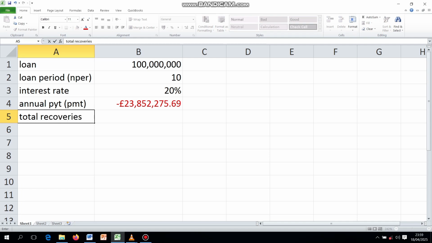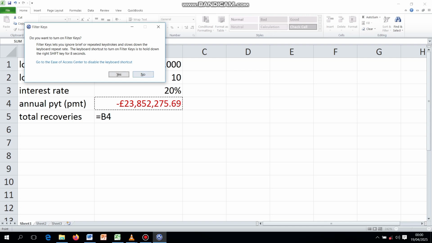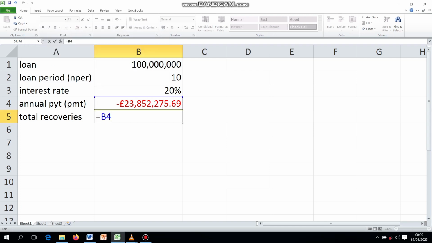To get the total recoveries, I'll use the formula, which is equals this annual payment, and I will multiply it with the loan period.